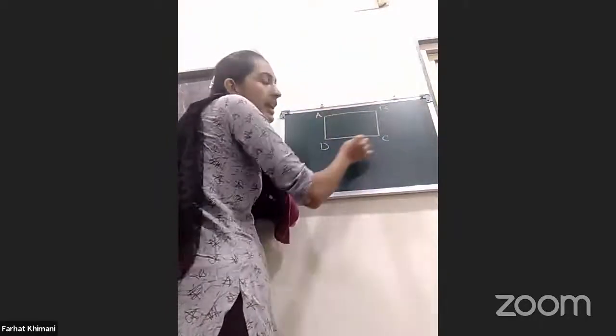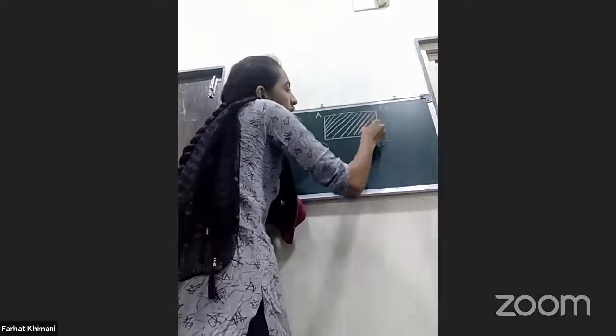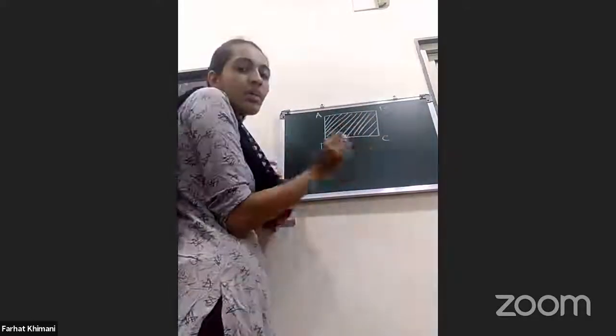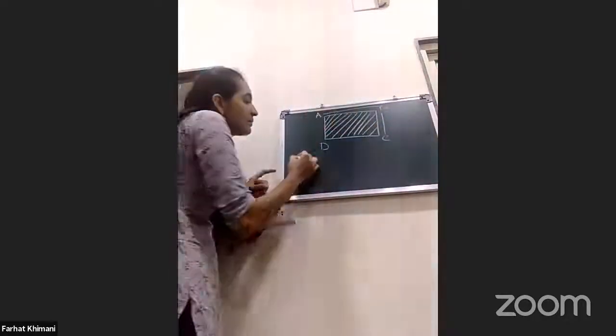See, this is a rectangle. This inner side is the area. Now, how do we find the area of this rectangle? We will multiply the length by breadth.